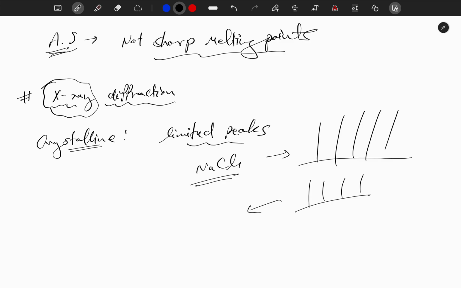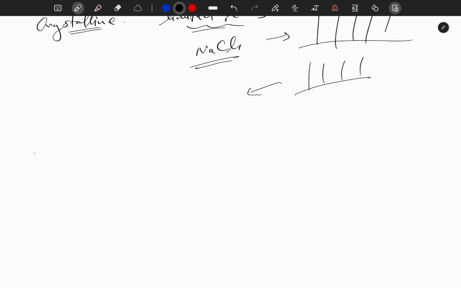These X-ray diffraction patterns give limited or particular peaks in the case of crystalline solids, whereas for amorphous solids, or AS in short, there are a lot of peaks. With the same material, if you do different samples, you will get different peaks.